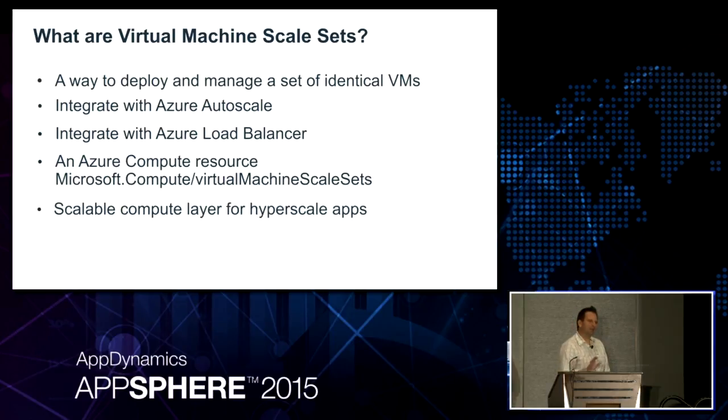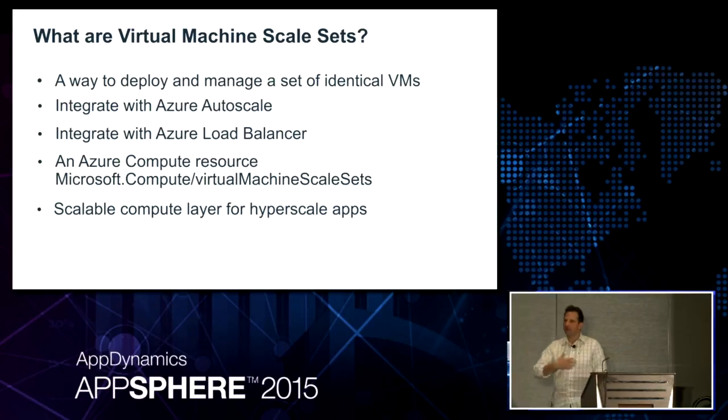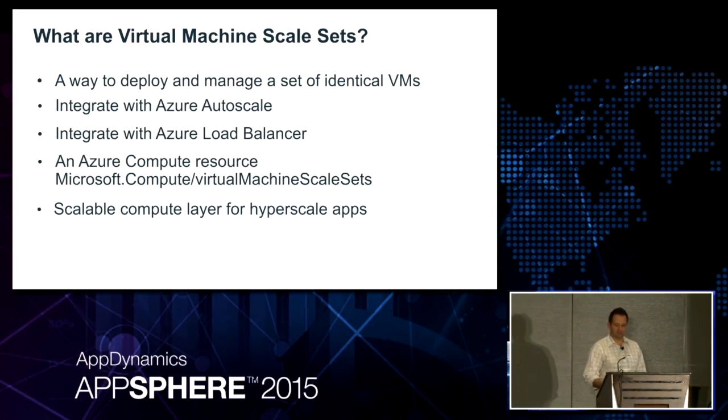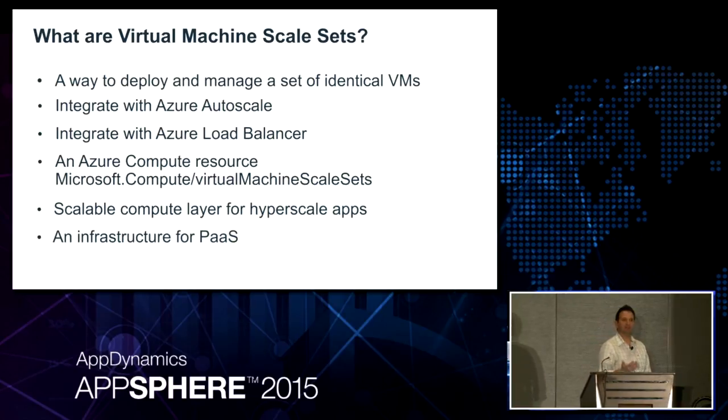And then what it really is, and that's why I was showing the diagram at the very beginning, it's a scalable compute layer for hyperscale apps where you need to have that dynamic scale on the virtual machine level. You have an application running that receives load and you want to scale out and you want to scale back. That's really what it is. And in the end, this is really like an infrastructure for platform as a service.